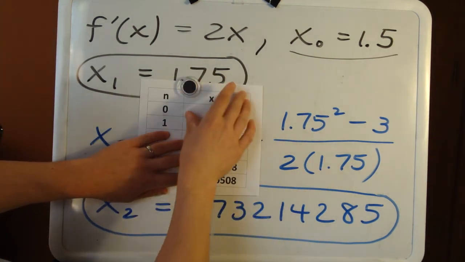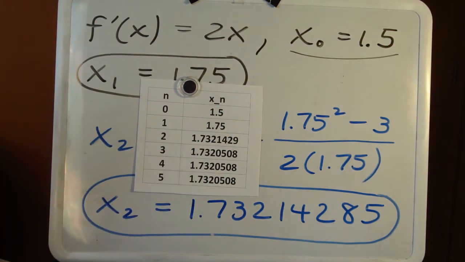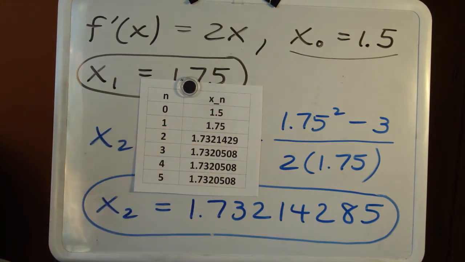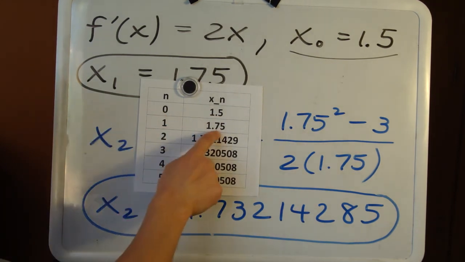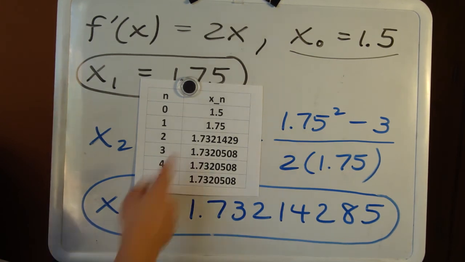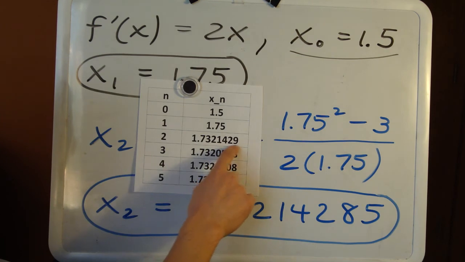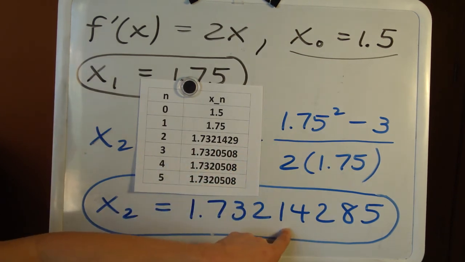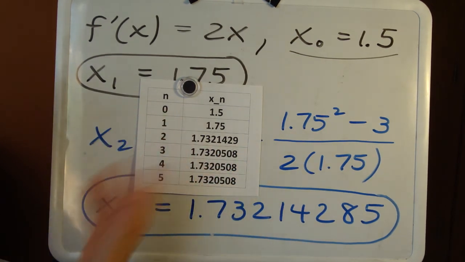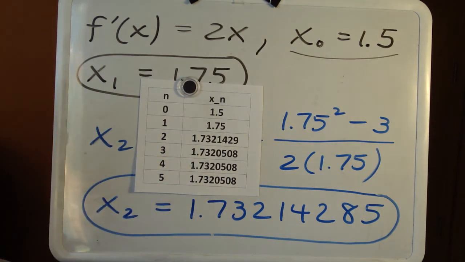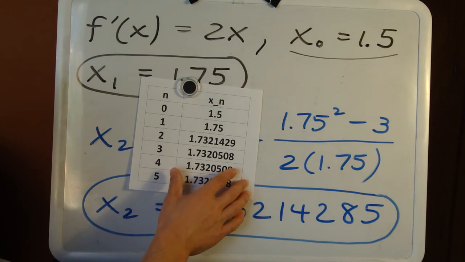So this is a nice little table that is done for this very example. You can see the initial guess where n is 0, we picked to be 1.5, and then after one calculation we got 1.75, and then if you put 1.75 into Newton's method, you get this new value here. But then notice when you repeat the process, this limiting behavior is telling you that you're more or less stuck.